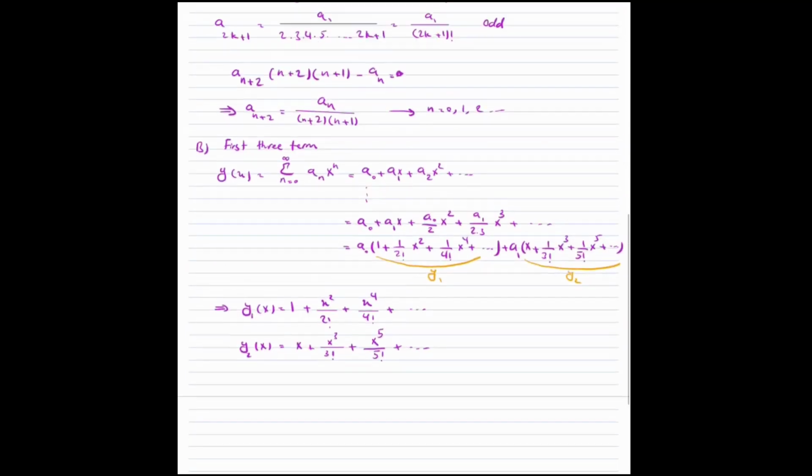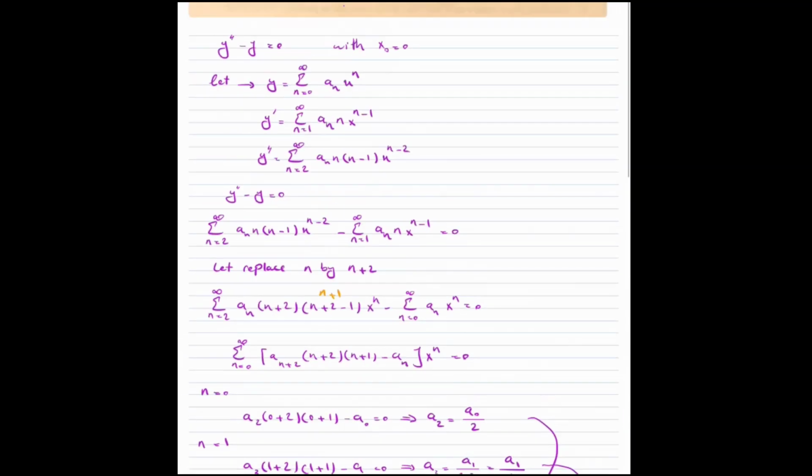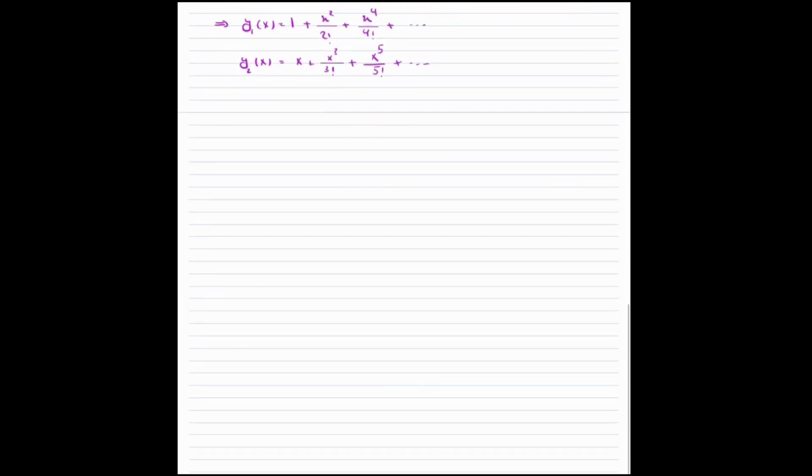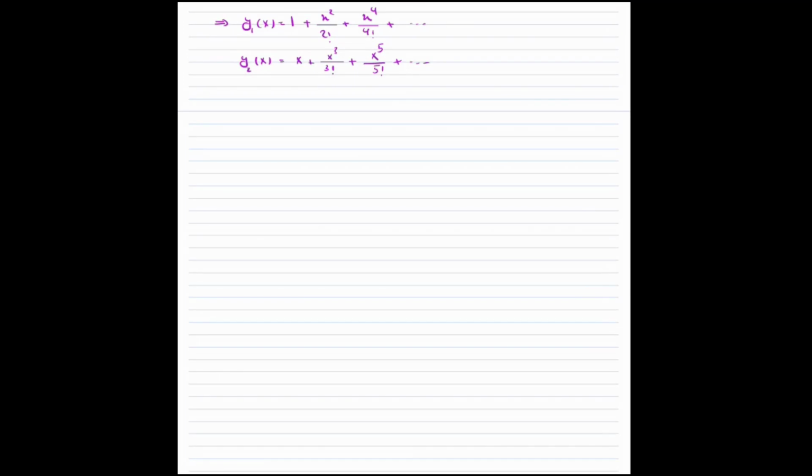Alright, so if you plug in the initial value we have on top, which is x equal to 0, we plug it back into the y's. For y1(0), we get 1 plus 0 over 2 factorial plus 0 over 4 factorial all the way, so all those terms are 0, and we get 1.